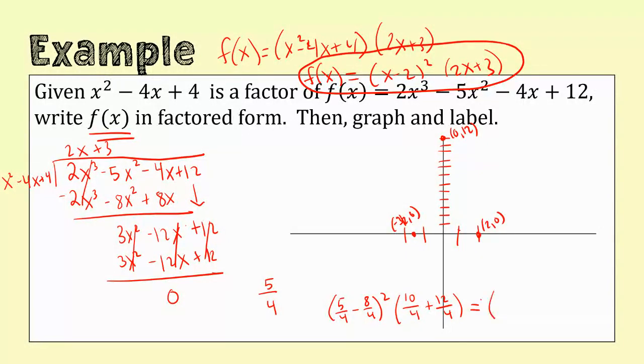So let's see. Negative 3/4 squared, which is going to be 9/16, times 22/4, or 11 halves. 99 over 32.